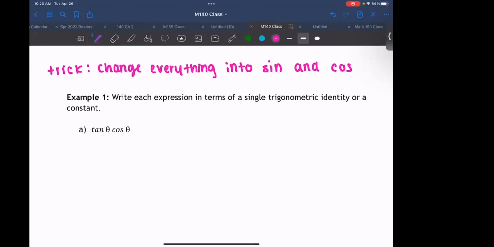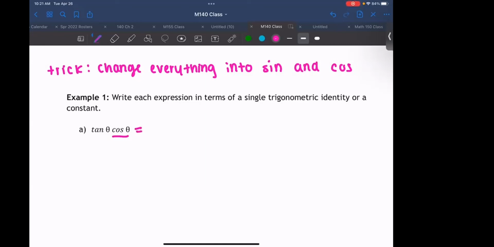So we have tangent times cosine, okay? All right, so cosine's already there, so I don't have to change cosine into anything.